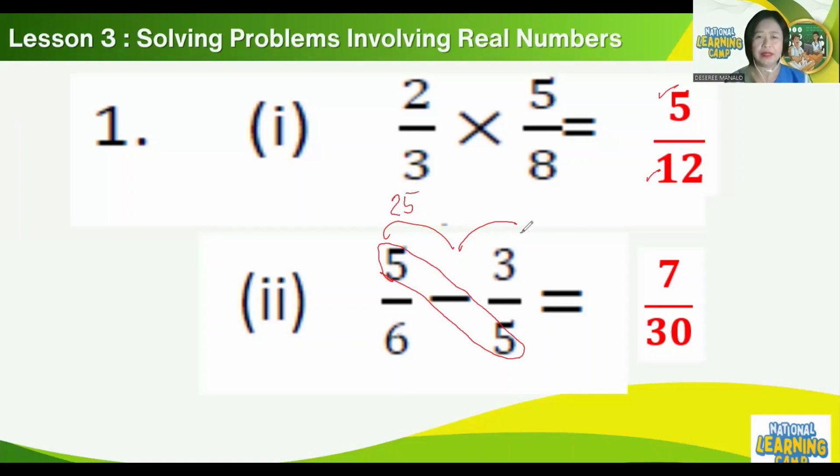Then multiply 3 and 6. We have 18. And then multiply the denominators 6 and 5, so we have 30. Subtract 25 minus 18, so we have 7. And then the denominator is 30. So that's why the answer is 7/30.